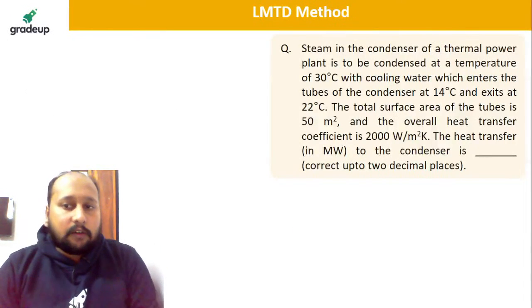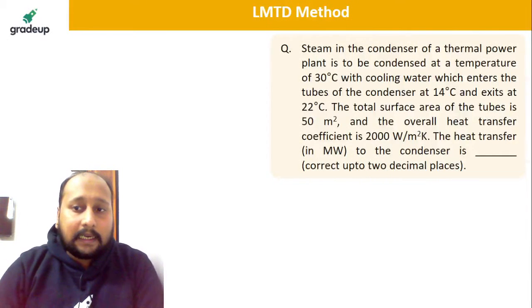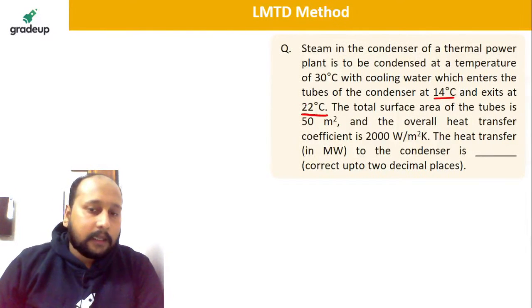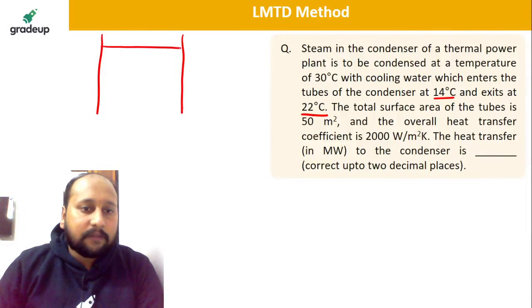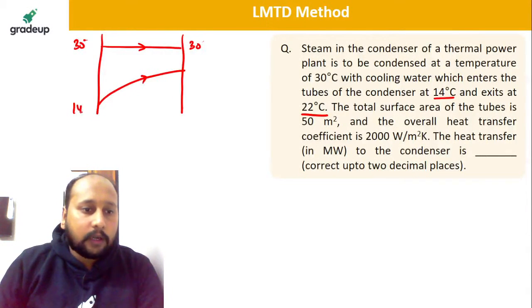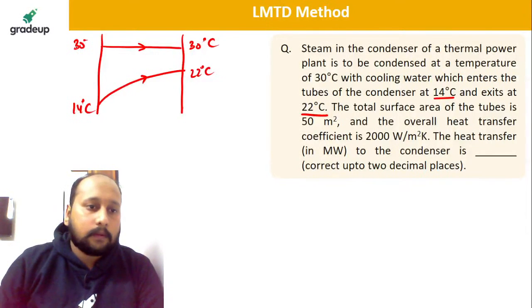Steam in a condenser of a thermal power plant is to be condensed at a temperature of 30 degrees Celsius with cooling water, which enters a tube of the condenser at 14 degrees Celsius and exits at 22. That means again the same problem, steam condensation, a phase change phenomenon. This is 30 degrees, again 30 degrees. This is your cold fluid entering at 14 degrees Celsius and exiting at 22 degrees Celsius.